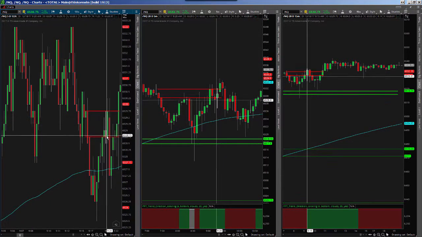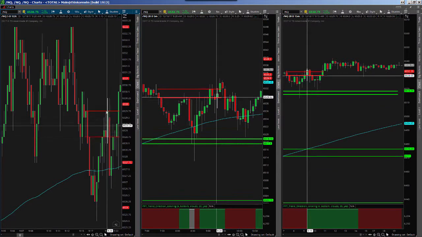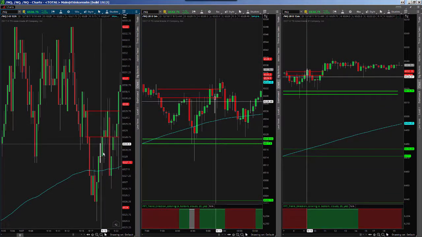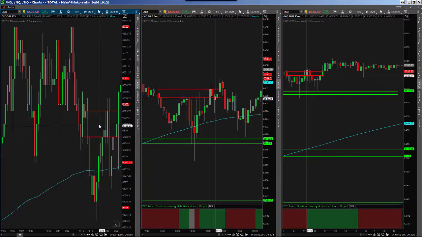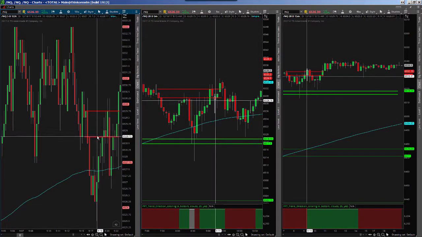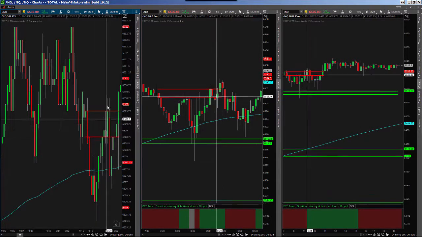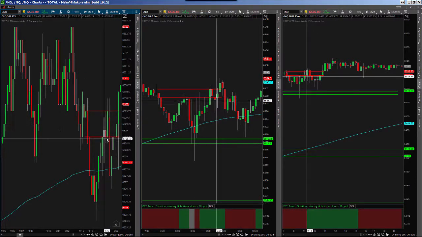Okay, so actually I have a zone inside the zone right here. So I would have a trade. Let's see where this sets up. Actually, wait a second. Okay, so here, I want you guys to see this. Remember my rule for the zone inside the zone? It has to be within 2 ticks.